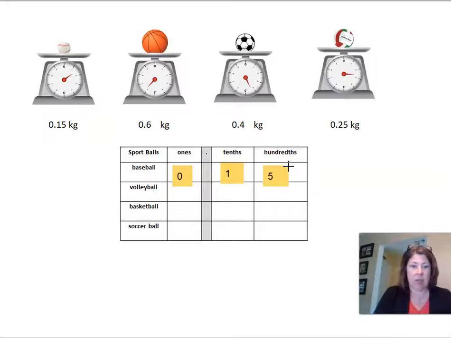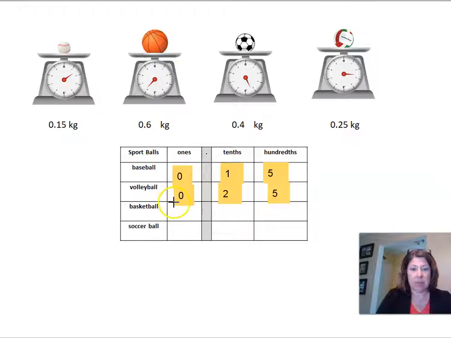And there's 5 hundredths. With the volleyball, which you have to know which is the volleyball, which is the one over here. There are 0 ones. There are 2 tenths. And there are also 5 hundredths.